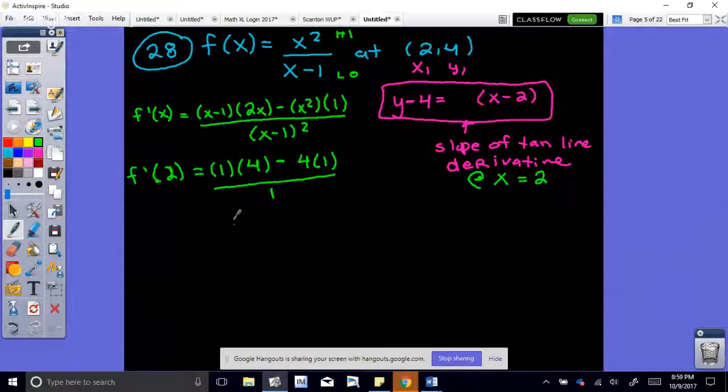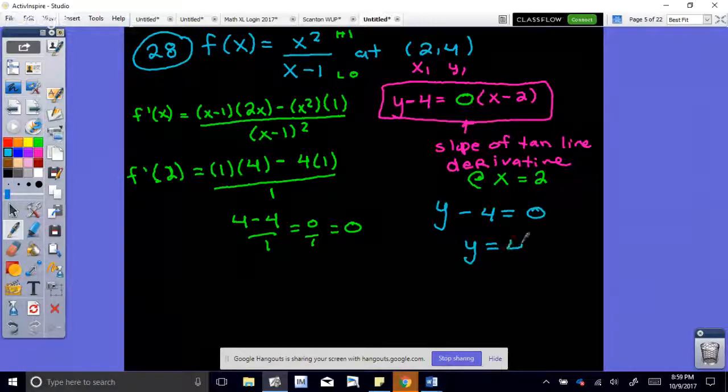So we get 4 minus 4 over 1, which is just 0 over 1, which is just 0. So once we get the slope of the tangent line, we can plug it in. Now this is kind of a weird one, because when the slope of the tangent line is 0, that's just going to leave us with y minus 4 is equal to 0, which gives us the line y equals 4.